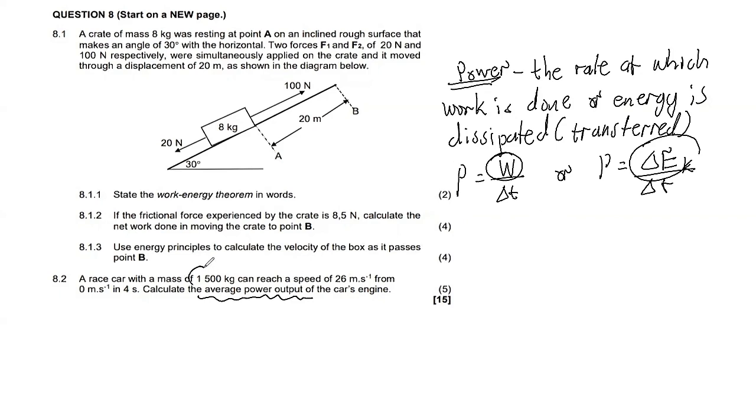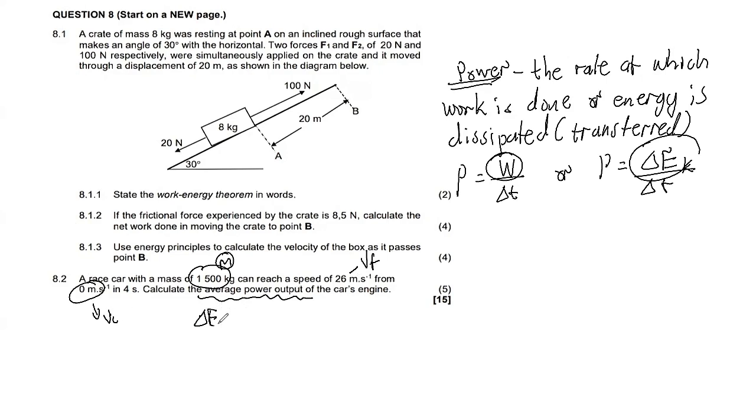Now check this. I have the mass, I have the final velocity, and I have the initial velocity. Remember, this is final velocity because they said it reaches a speed of 26 meters per second from 0 meters per second. So it starts from 0 and reaches 26, making 0 the initial and 26 the final. Now from all this, I have m, Vf, and Vi.